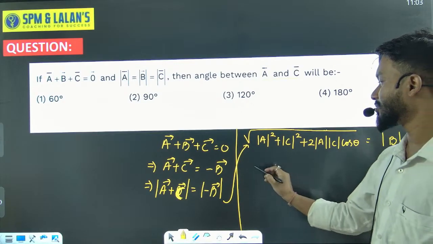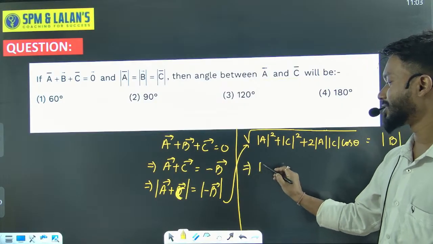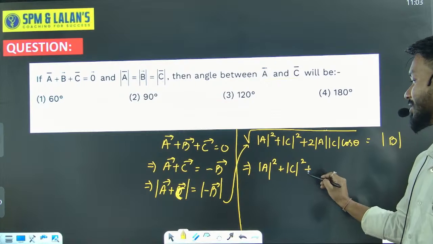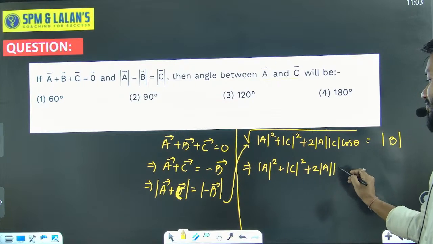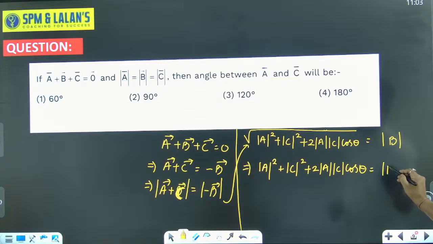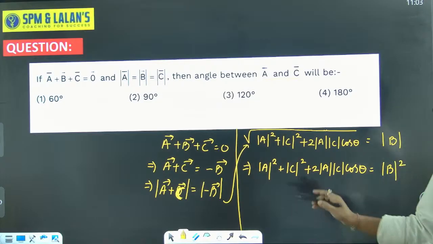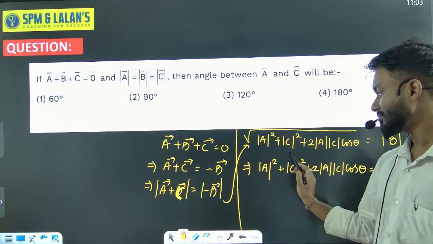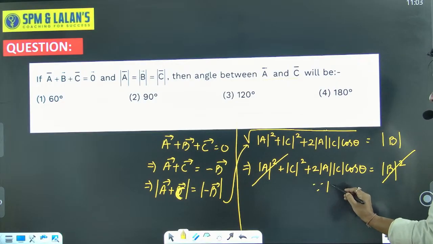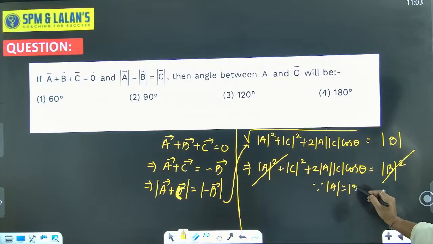So we'll square it both sides. Magnitude of A square plus magnitude of C square plus 2 magnitude of A magnitude of C into cos theta will be equal to magnitude of B whole square. Since magnitude of A equals magnitude of B equals magnitude of C, this and this will cancel out.